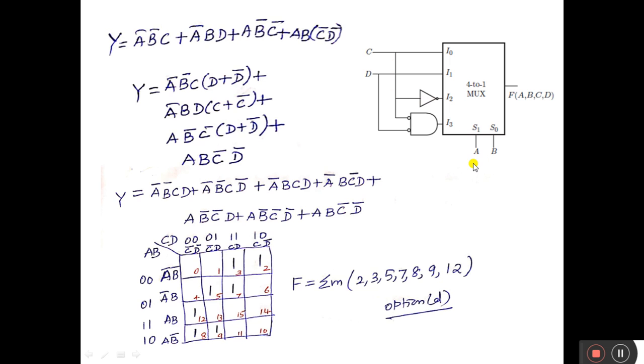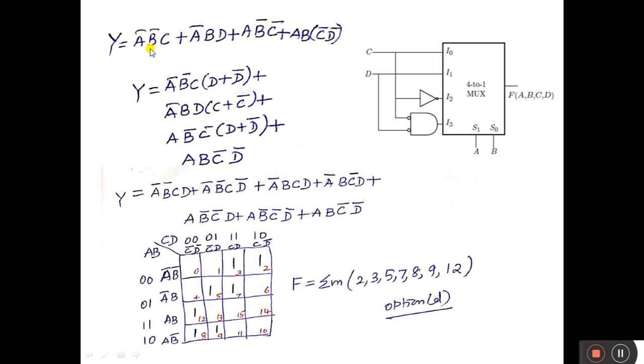So A B bar into C bar. Next one is an AND gate with inverter bubbles given. So this is C bar, this is D bar, this is an AND gate, so the output is C bar D bar. So here I can write A B C bar D bar.